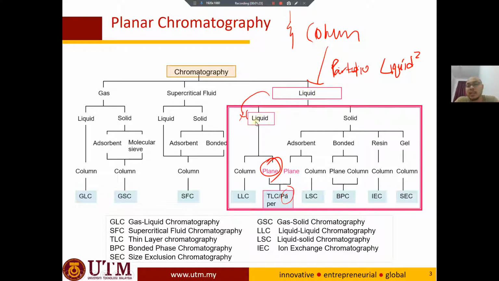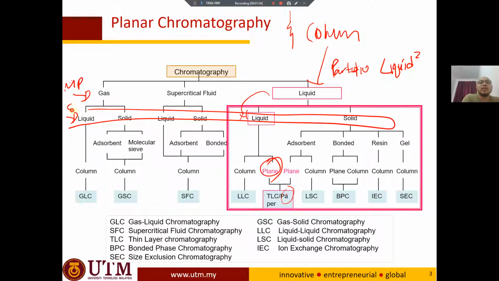The above one here is the mobile phase. The second row here refers to the stationary phase.